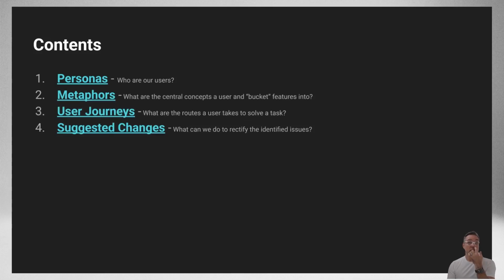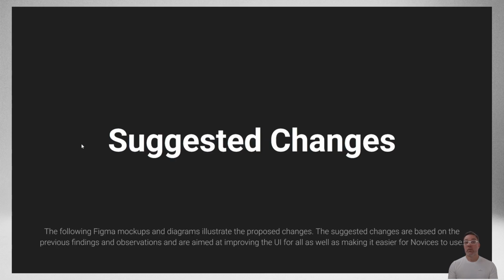In the previous videos, we've covered personas, metaphors, and user journeys, and they're kind of like getting us a better, more holistic understanding of kind of where the app is and maybe who is using it, etc. And today we're going to cover the suggested changes.